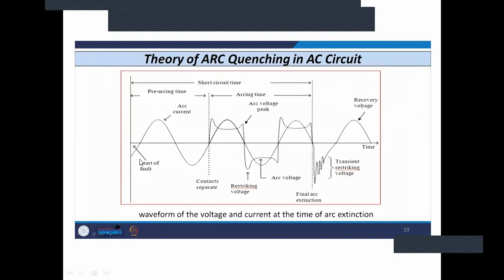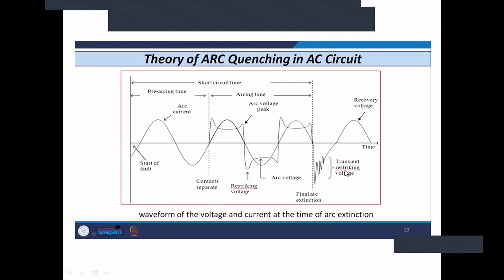So when the fault starts, the arc voltage becomes just like this. At the zero crossing we have the peak voltage. After the arcing, this restriking voltage will be just like this.